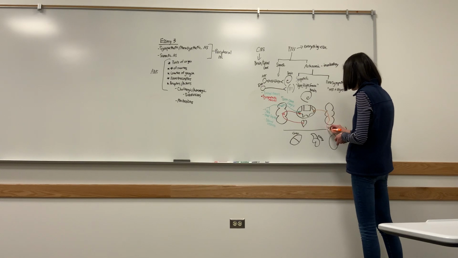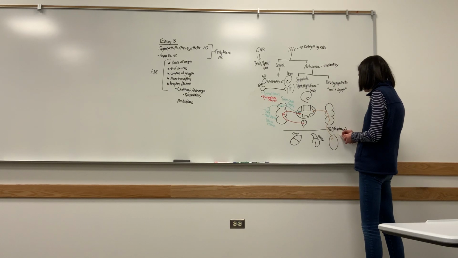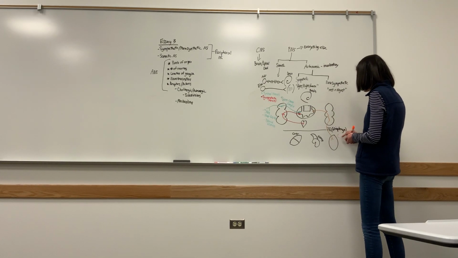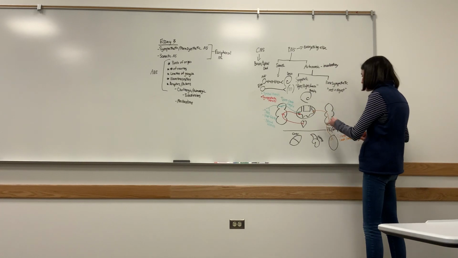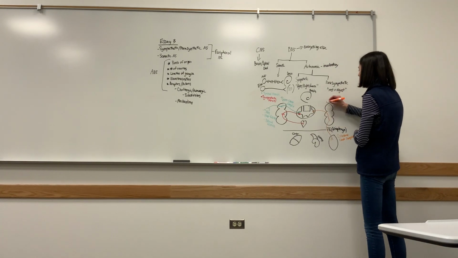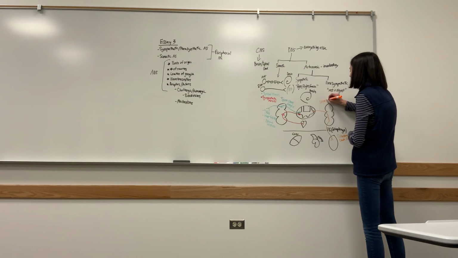It's going to travel down here, and it's going to synapse in the collateral chain ganglia. And this first nerve is going to be known as the splanchnic nerve.